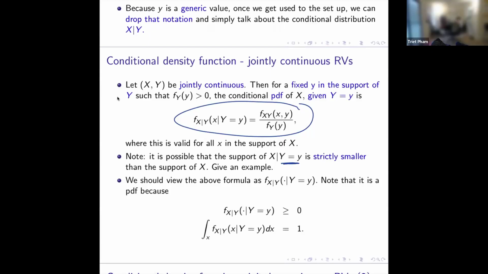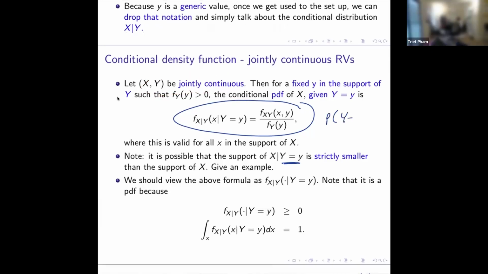What's the big deal about that? The big deal is that because x and y are jointly continuous, the probability of y equaling little y is 0. So here we are conditioning on an event with probability equal to 0, which we explicitly said you should not do up here.